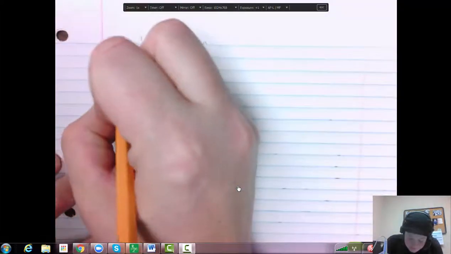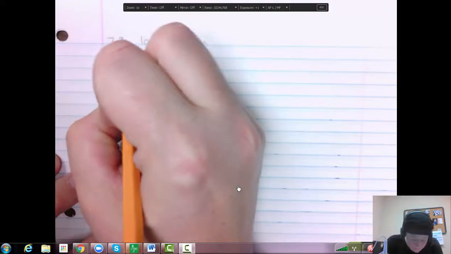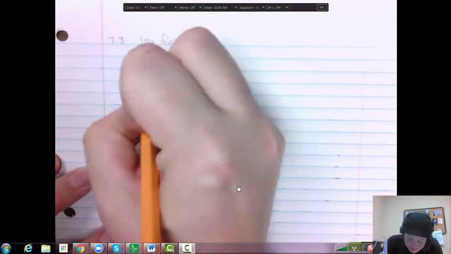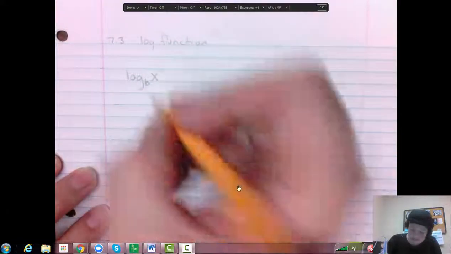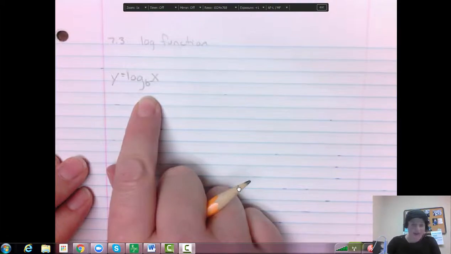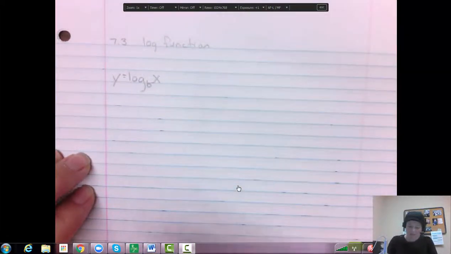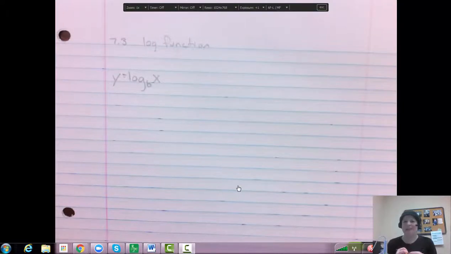First of all, we know that if I have y equals log base b of x, that's how I say it, I can go between this, which is called log form, so I always have a base. Sometimes you won't see a base written, and that is assumed to be base 10, which is what your calculator calculates, base 10 only.